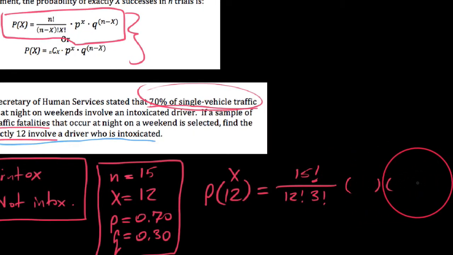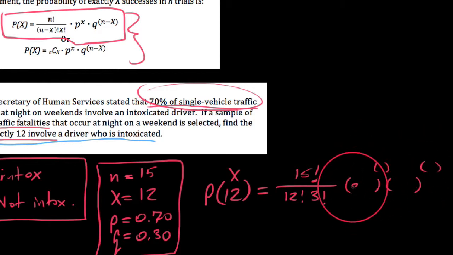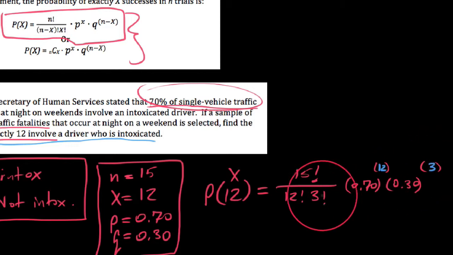Then we fill in the probability of success, 70%, and the probability of failure, 30%, raised to the number of each: 12 successes on the probability of success and 3 failures on the probability of failure.